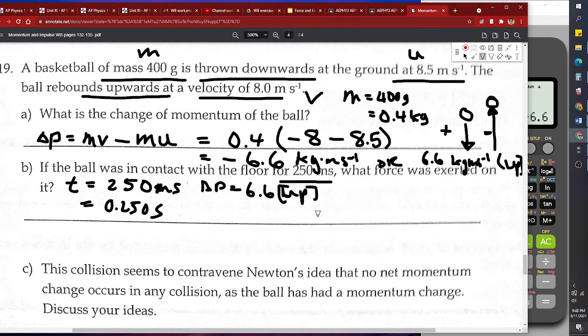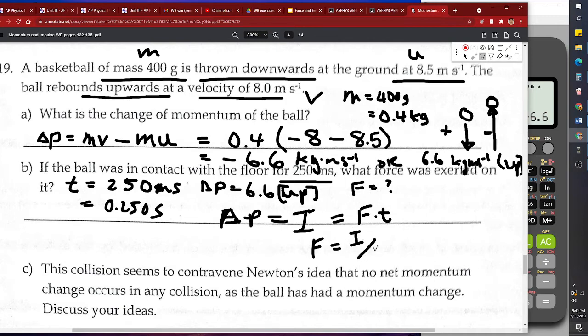It's up. So the force, as we know, change in momentum equals impulse, and impulse is the equation that involves force and time. We want to know force, so that's going to be force times time. Let's solve for force. We rearrange this to impulse divided by time equals force.